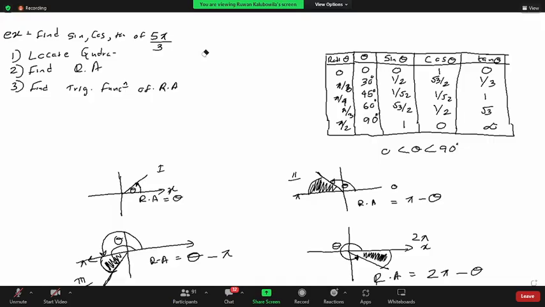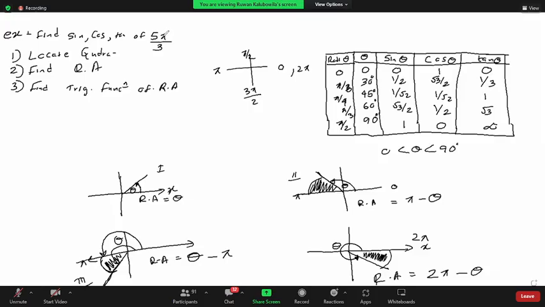So what is the quadrant for this value, 5π over 3? So this is 0, π over 2, π. What is this value? π plus π over 2, that means 3π over 2, then 2π. Like that.